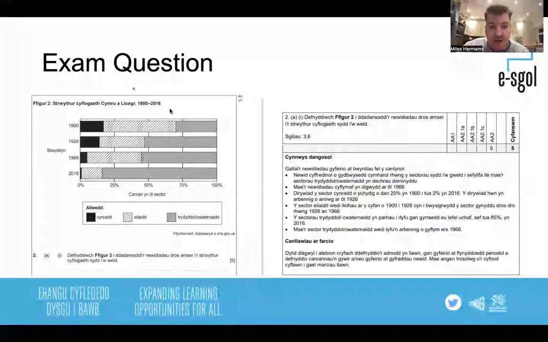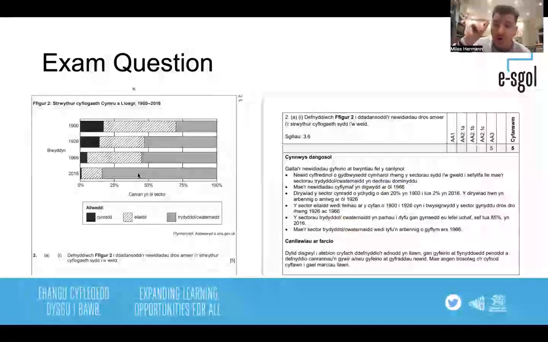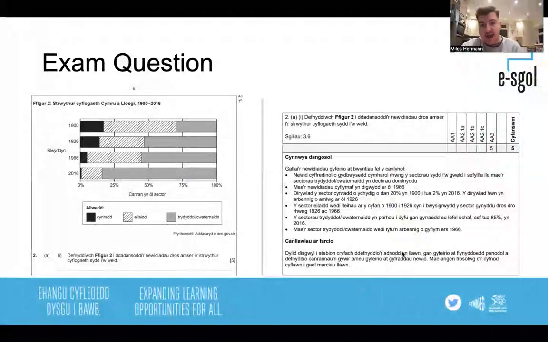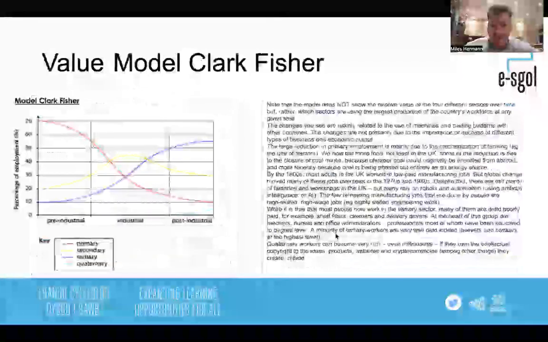Again, the secondary sector has also seen a decrease over time. You would need to speak about each year and every category here in order to gain the 5 marks. That's what is in the examining information here in the marking scheme. If you'd like to try this at home, you can give this a go.